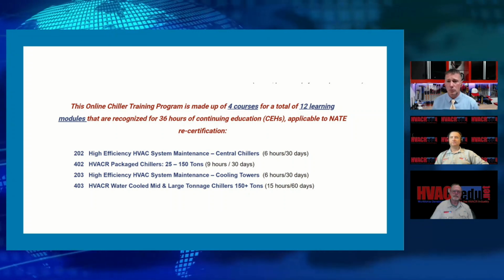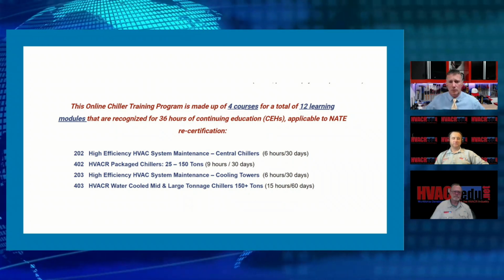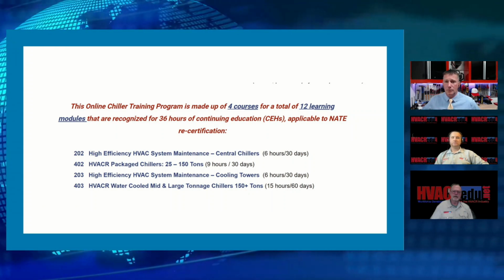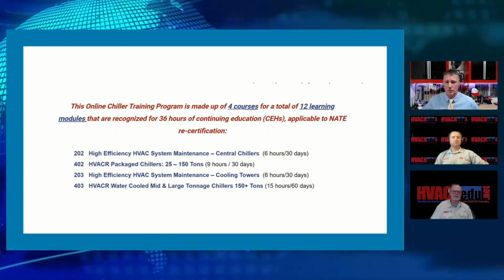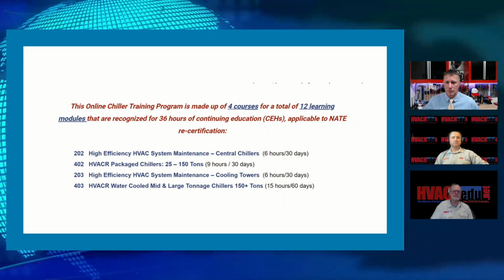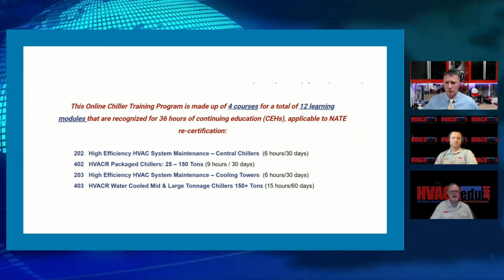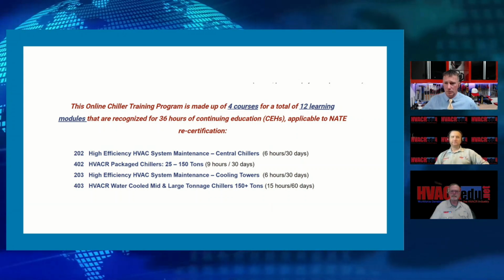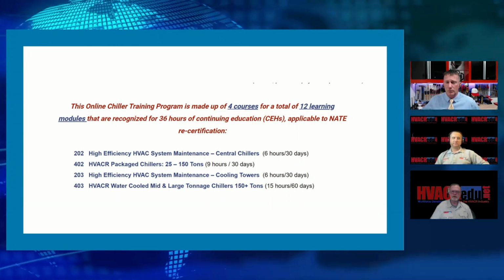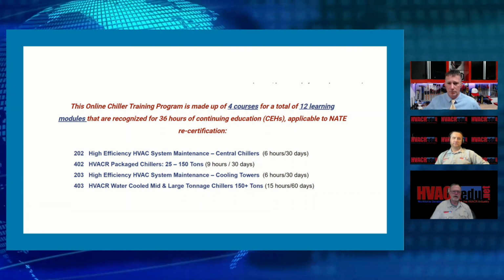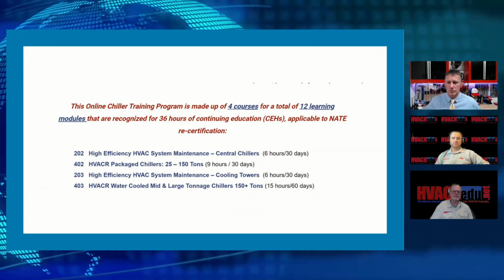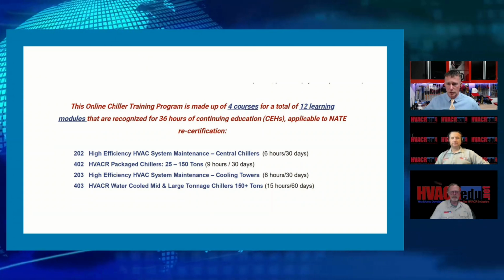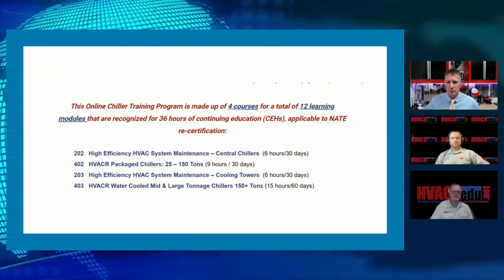Sure, chiller mechanic. You can see the course titles here. The first one is a quick session on system maintenance, common maintenance processes on a chiller. Then we dive in with most of these being reciprocating or screw package chillers, 25 to 150 ton.